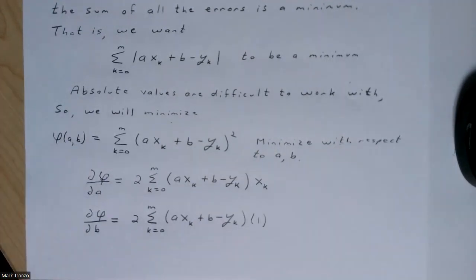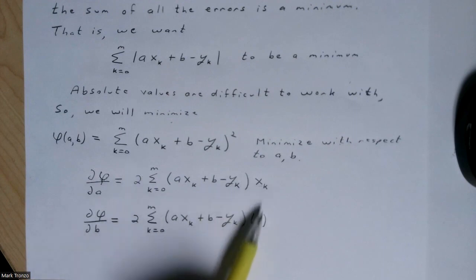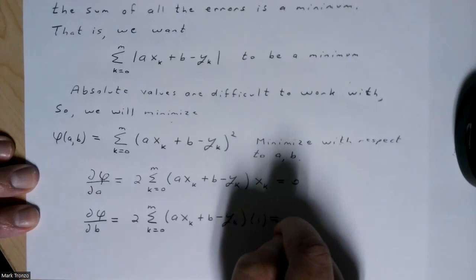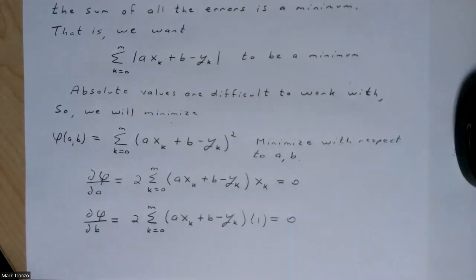And again, whenever we want to minimize, we take the derivatives and set these equal to 0.